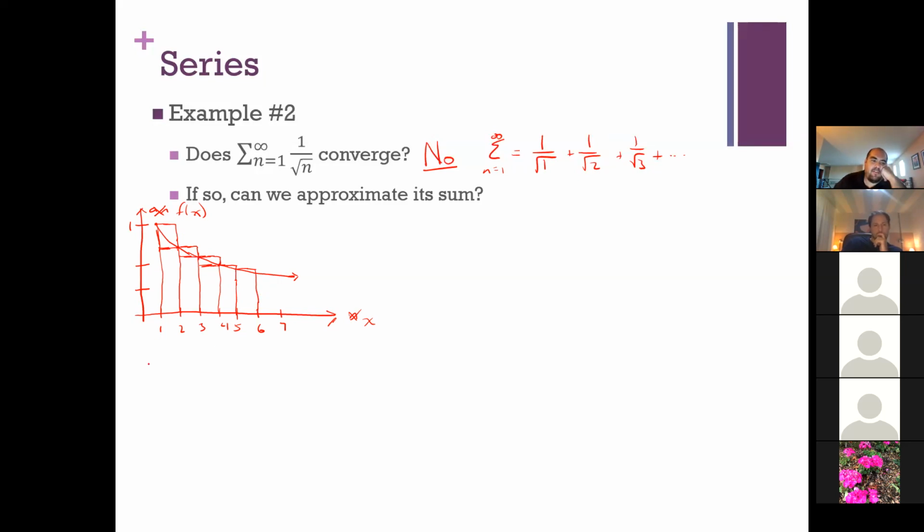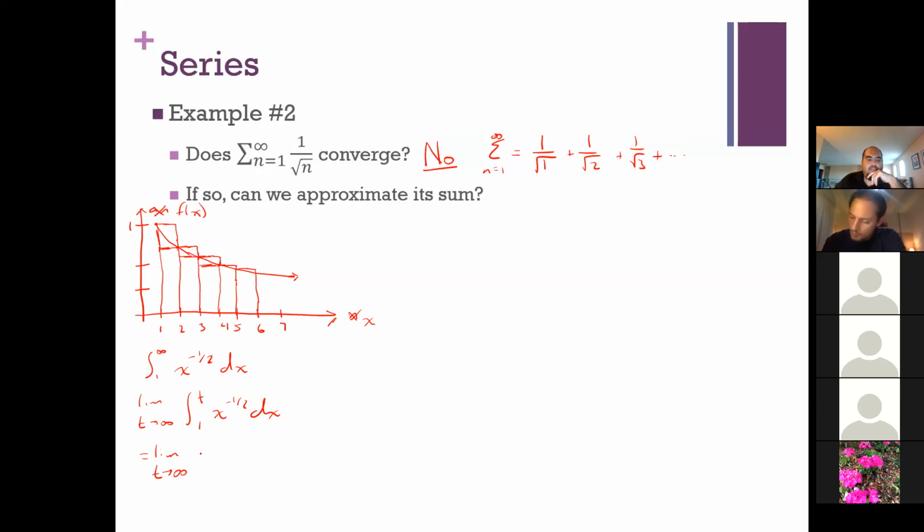So let's set up an integral again. I want the integral from 1 to infinity of x to the -1/2 dx. So again, we have to set this up as a proper integral. What is this integral going to do? I'm sure at least one of you is ahead of the work I'm doing.